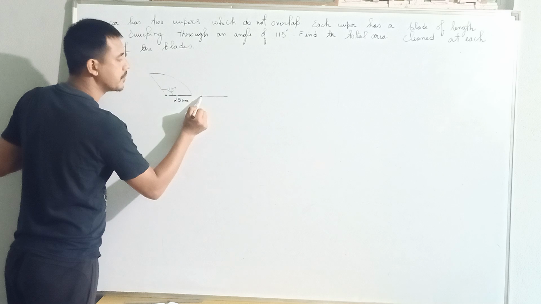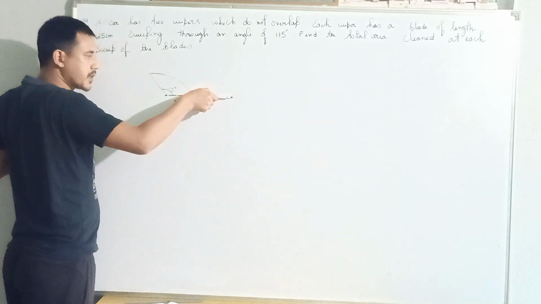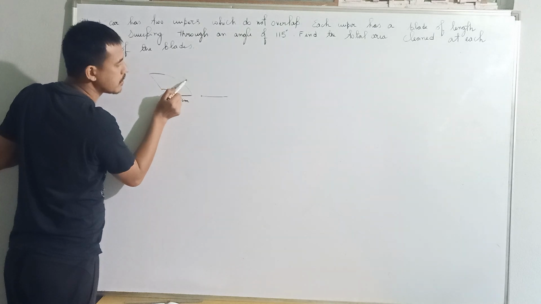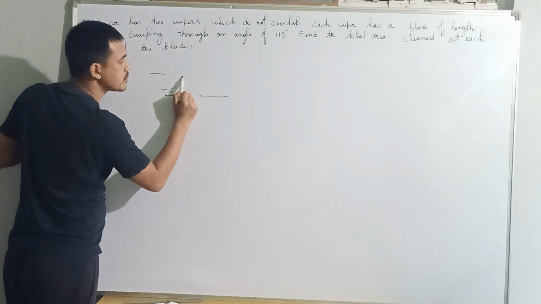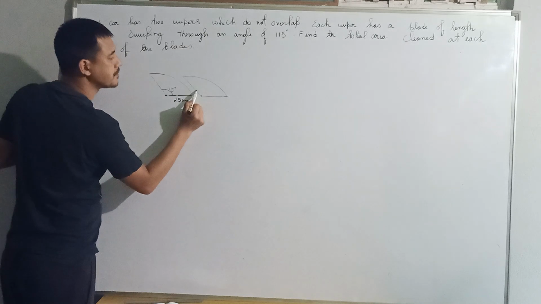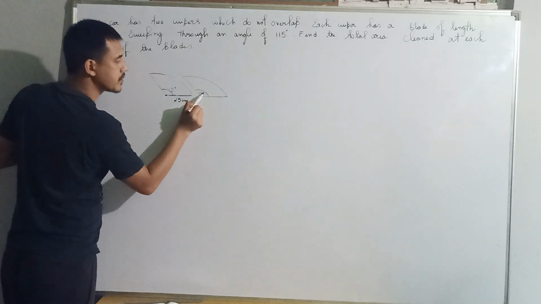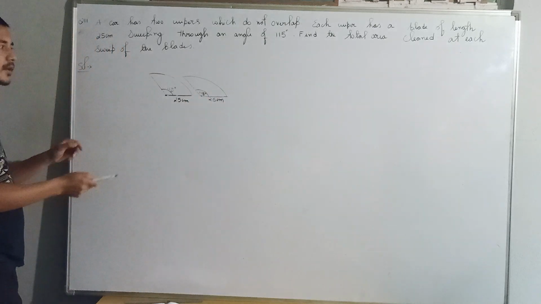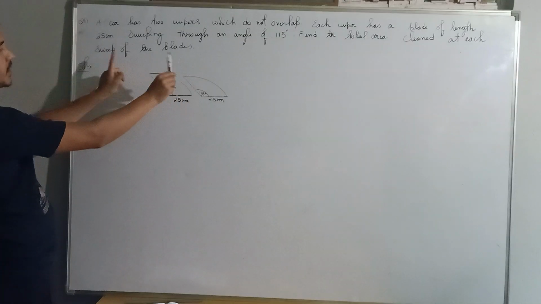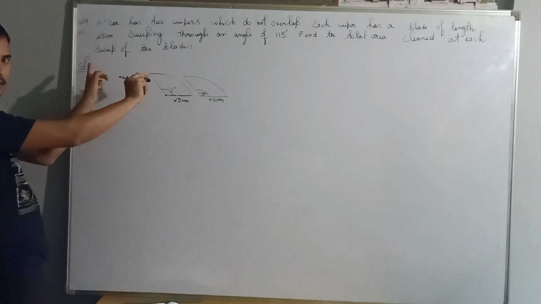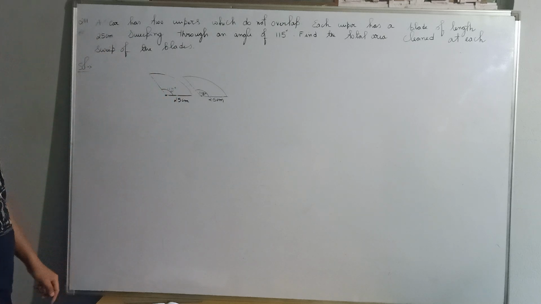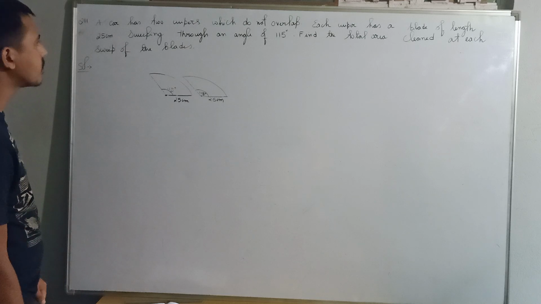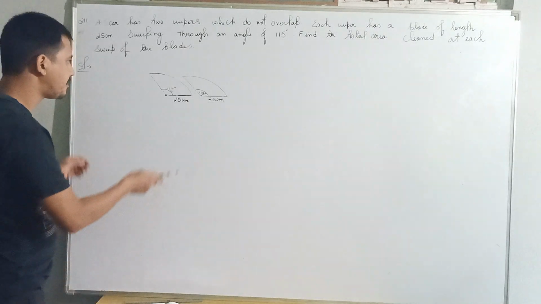This is your second wiper. Your second wiper also can sweep through an angle of 115 degrees, of length 25 centimeter, right? So we want to find out the total area cleaned at each sweep.